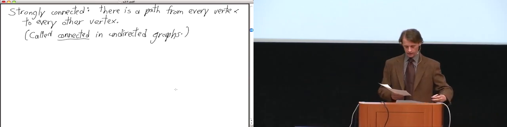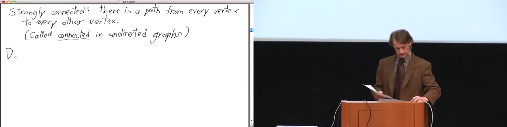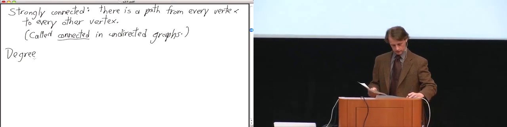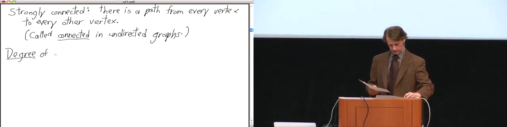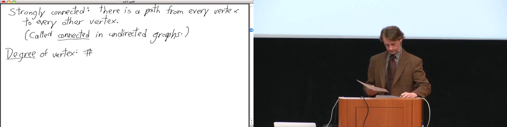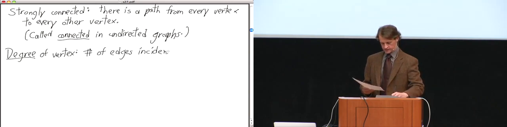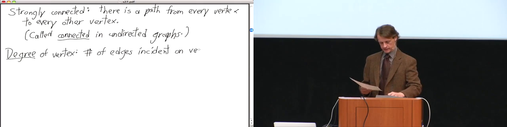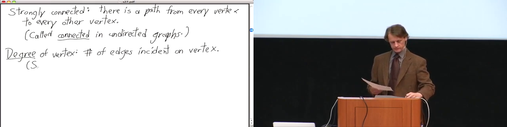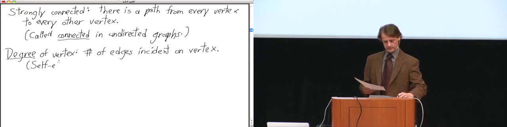We will often care about the degree of a vertex. And that is the number of edges incident on the vertex. By the way, self-edges count just once.